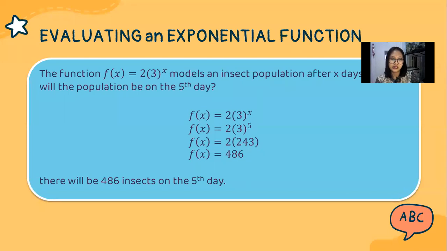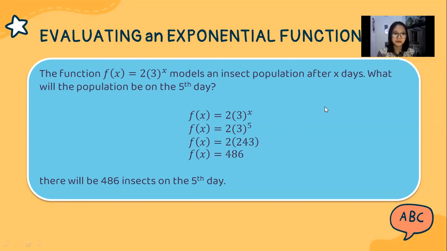Okay, next is evaluating an exponential function. How can we evaluate an exponential function? Take a look at this example. The function f(x) = 2 × 3^x models an insect population after x days.